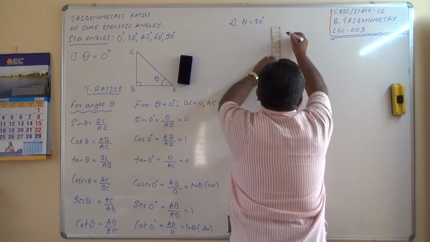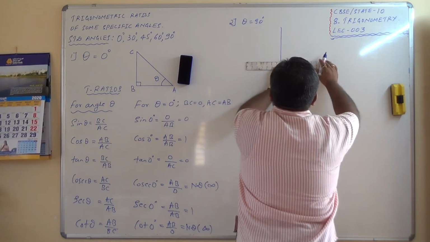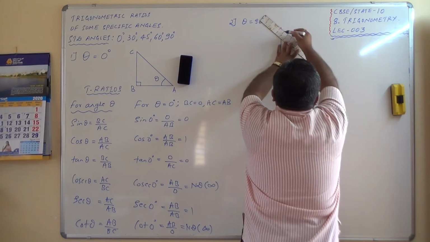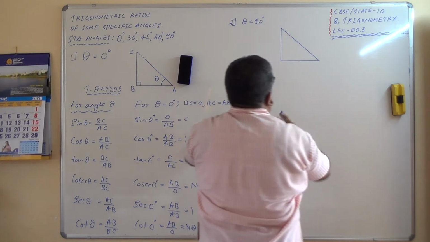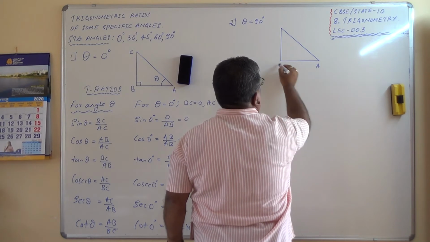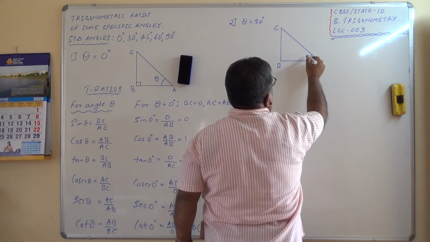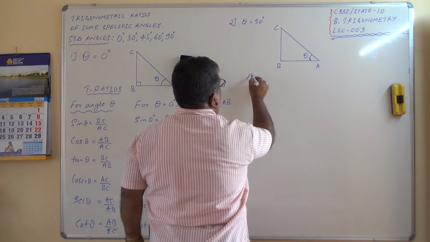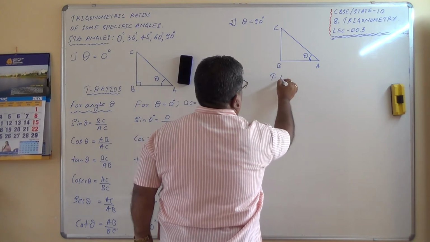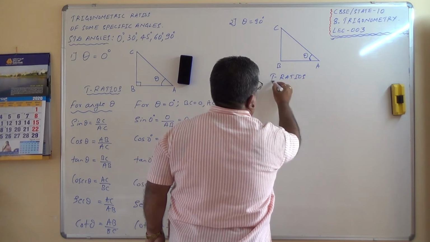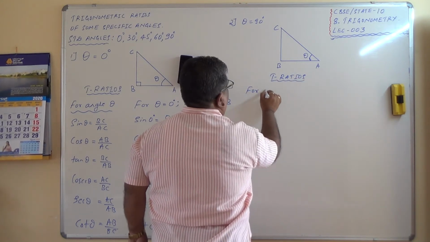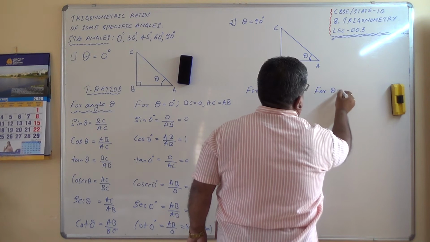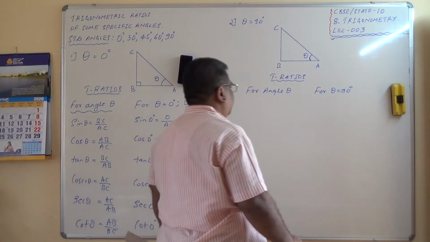In this case, for T ratios for angle theta and for theta equals 90 degrees, what are the changes? We'll write.